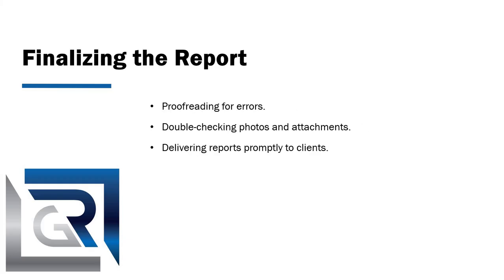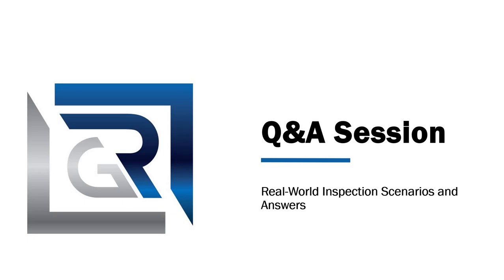And for any report or any writing that you do, we have so much technology now that it is almost unheard of to make mistakes. The only thing you have to do is proofread, check any photos or attachments, make sure they're labeled correctly, and simply deliver the reports along with the pictures in a timely manner or within the time frame that the stakeholder or client required. But again, unless you're tasked with report writing, your main job is just to simply go out and assist us with taking photos.